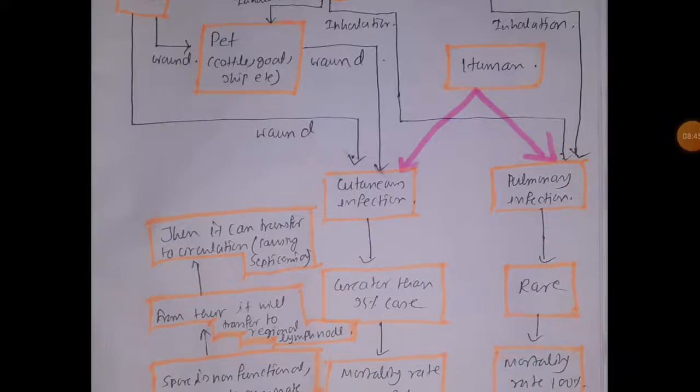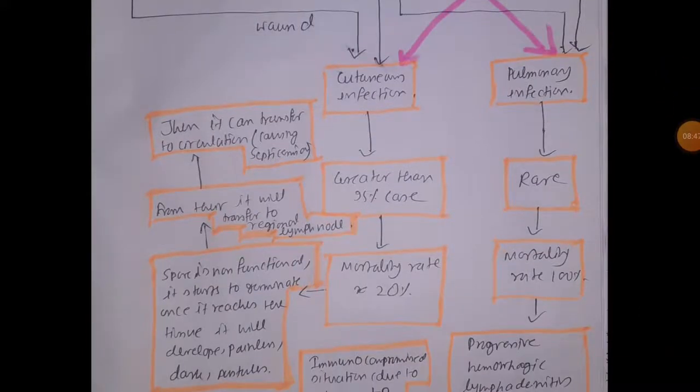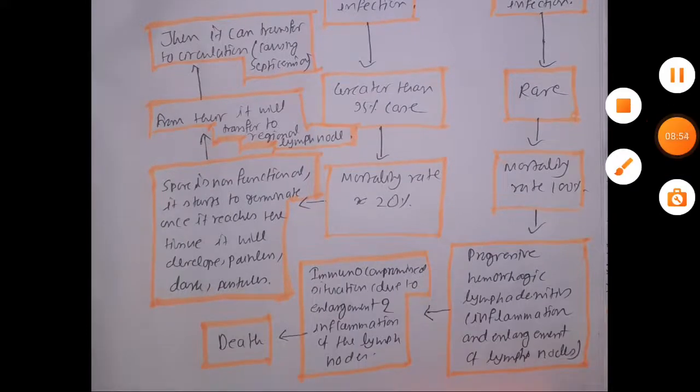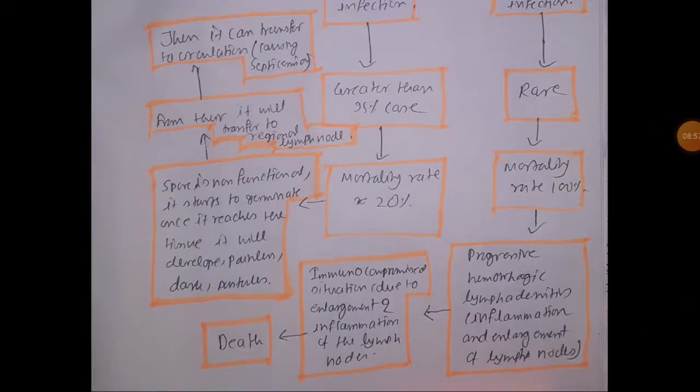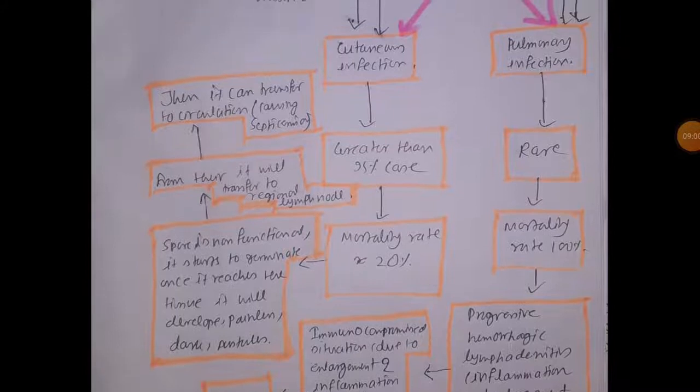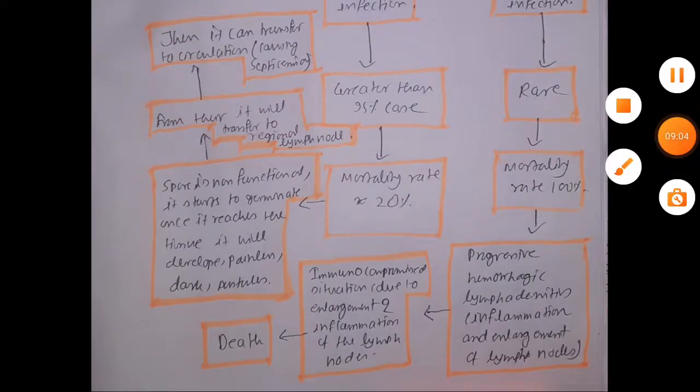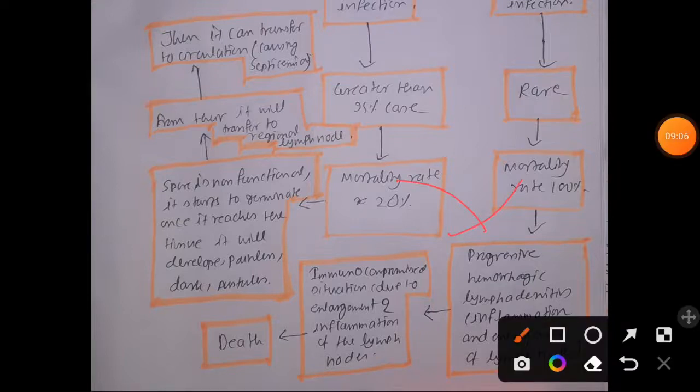Pulmonary infection is more dangerous than the cutaneous infection. Although it is rare, the dangerous thing is it has a mortality rate of 100%. That means the person who has developed pulmonary infection will surely die.